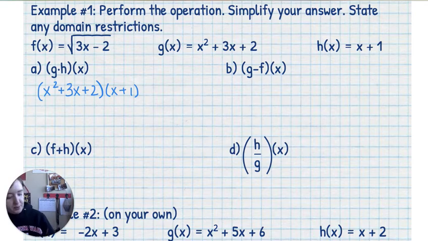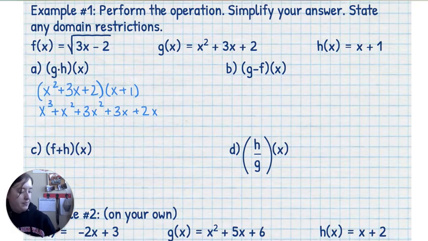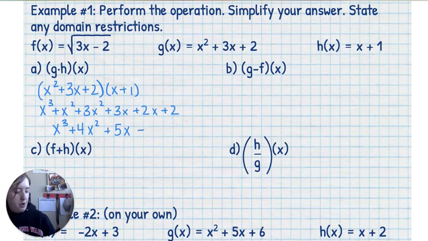All right, so we'll multiply it out. X cubed plus x squared plus 3x squared plus 3x plus 2x plus 2. Then we'll combine like terms and get x cubed plus 4x squared plus 5x plus 2.